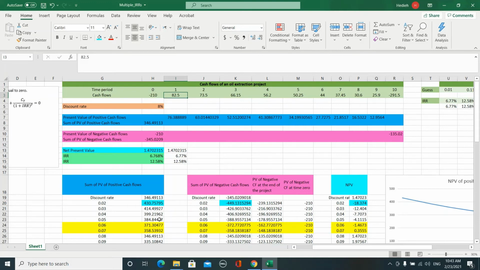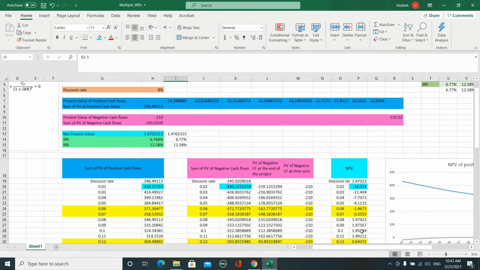So you observe that NPV starts to go up, and it gets close to 0. So that's why you observe that NPV becomes 0 at 6.8%, which is your first internal rate of return.